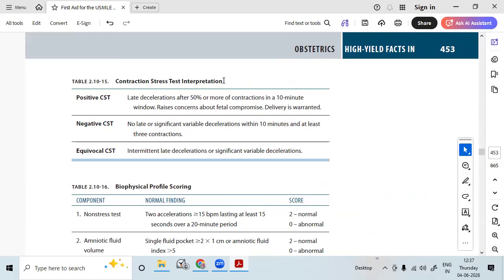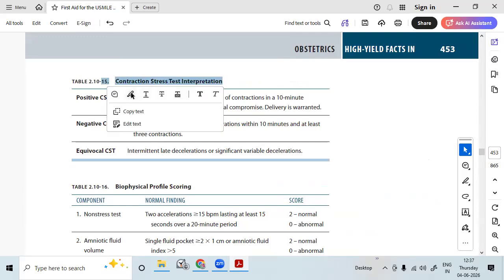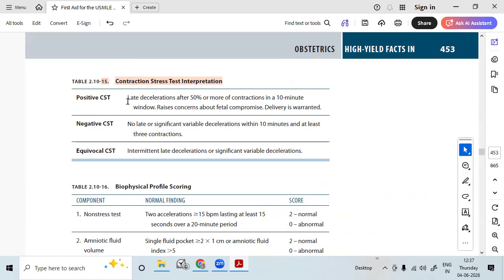Contraction stress test interpretation. This will be coming in the exam. So you need to know the positive CST: late decelerations after 50% or more of contractions in a 10-minute window raise concerns about fetal compromise. Delivery is warranted.